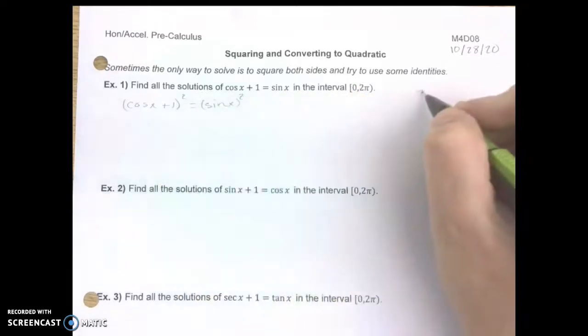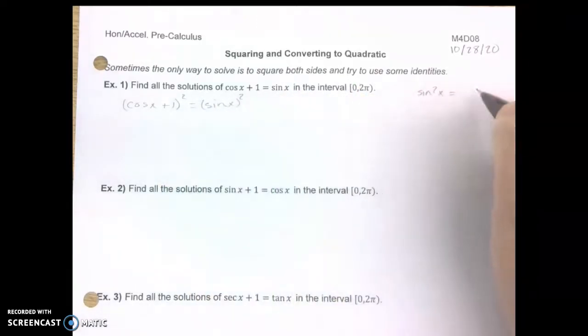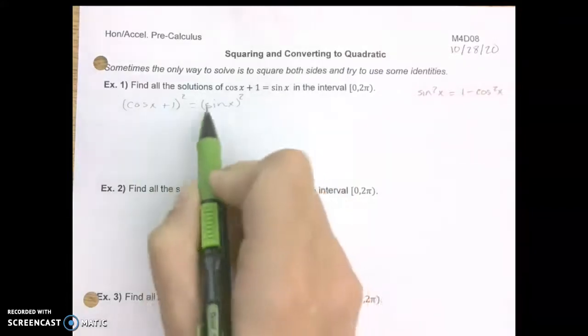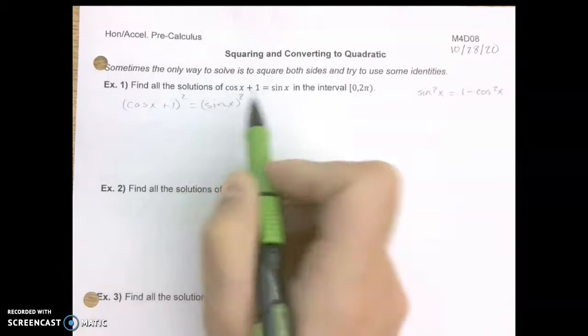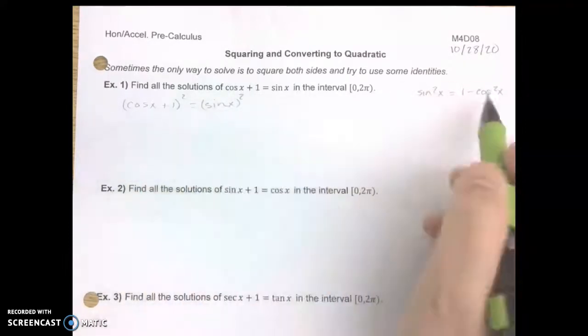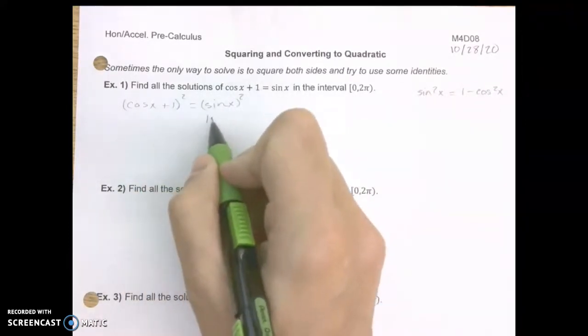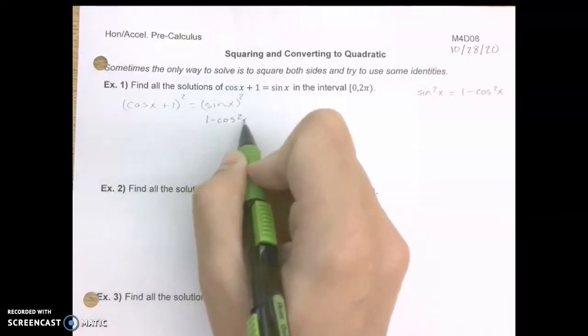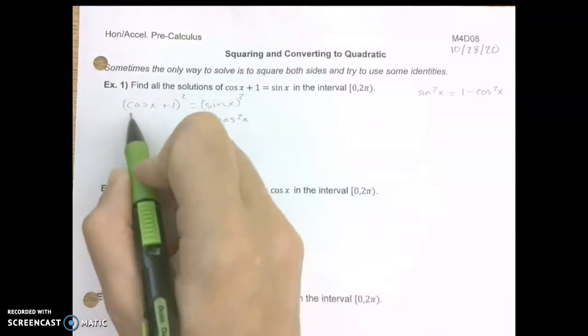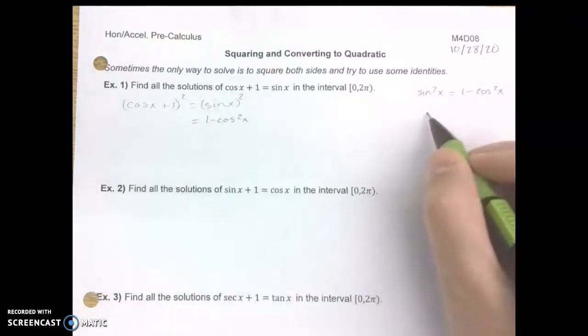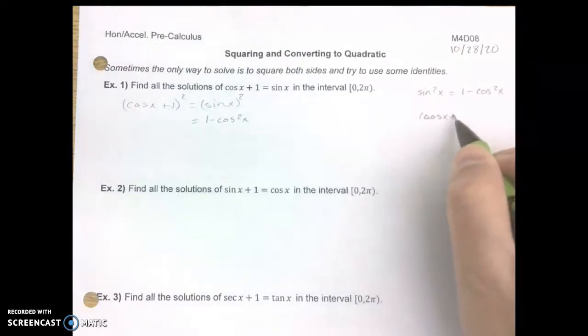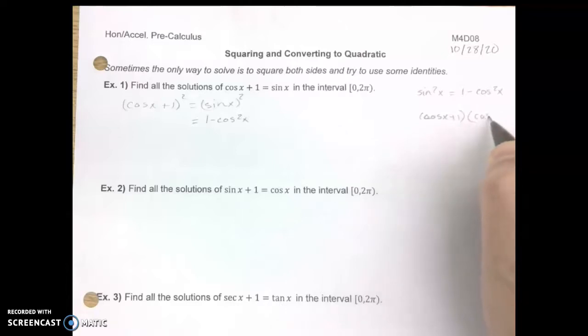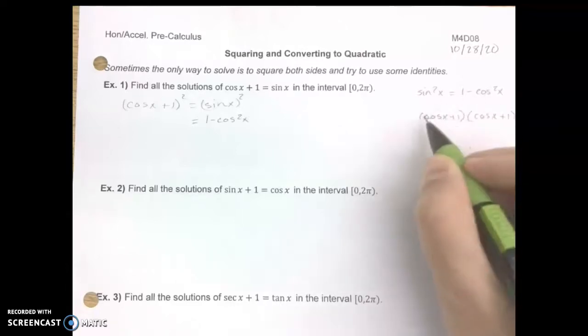And I know that sine squared x is going to equal 1 minus cosine squared x. So if I can square the sine of x, then I can get my cosines all together. So this becomes 1 minus cosine squared x. This right here is a binomial square, so that will be like cosine x plus 1 times cosine x plus 1.